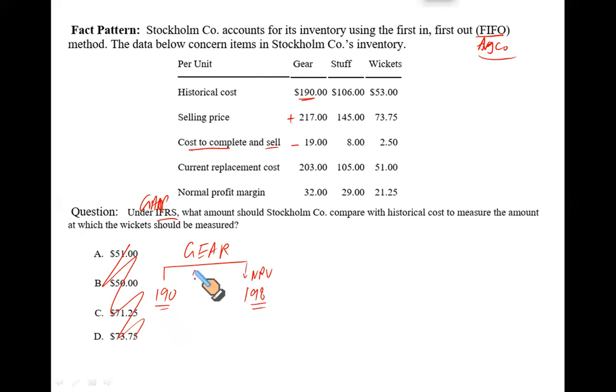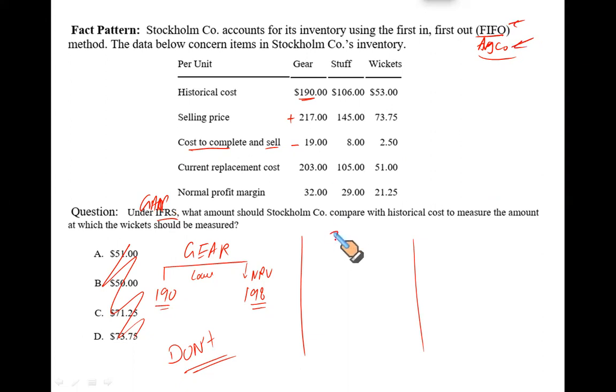We need to take the one that is lower. Since the cost is already lower, Rajesh, we are not going to do anything. Do nothing, because cost is already lower, right? NRV is higher. So we always take the one that is lower. Let us try the second part now. Remember, ladies and gentlemen, this is US GAAP, IFRS on FIFO and average cost method.